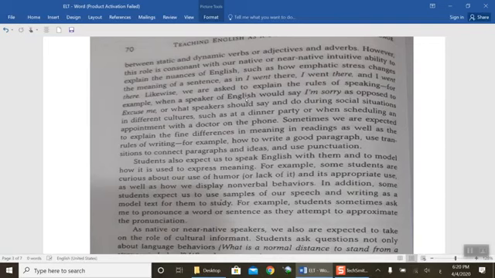What is the summary? The summary is that teachers should explain for the students, they play the role of language authority. How? They explain the rules of grammar, for example. They explain differences in culture. Okay? This is the gist.